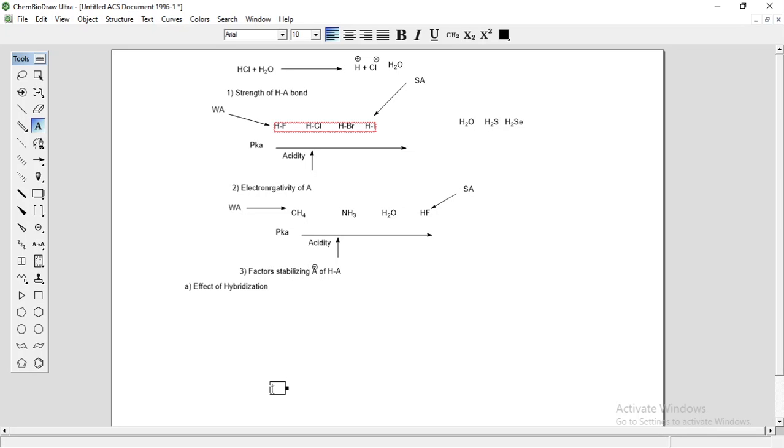From that you can easily understand the effect of hybridization on the acidity of ethane and acetylene.